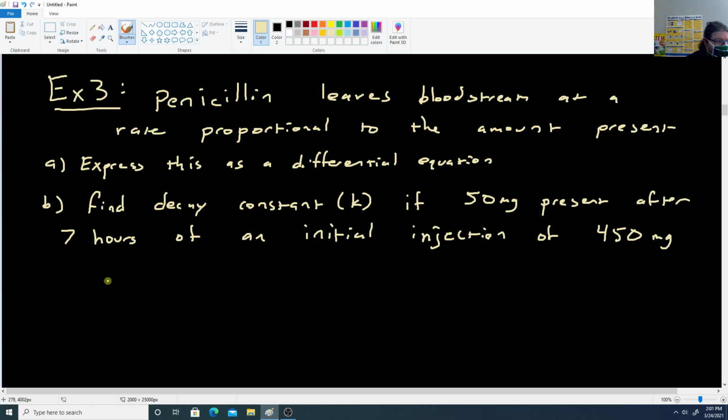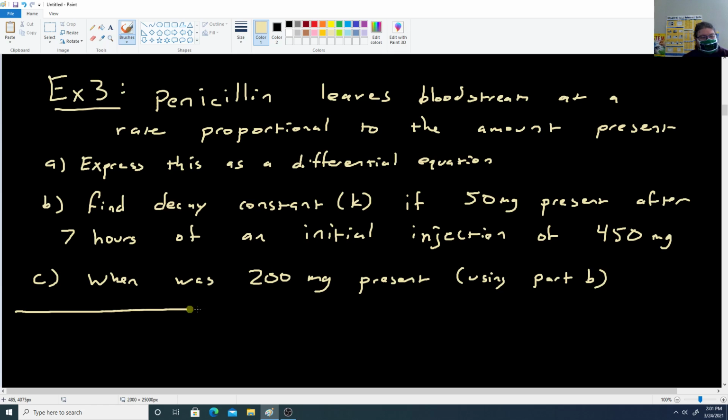Then part C, last one that we want to do, is under hypothesis of B, at what time was 200 milligrams of penicillin present? And we'll say using part B.